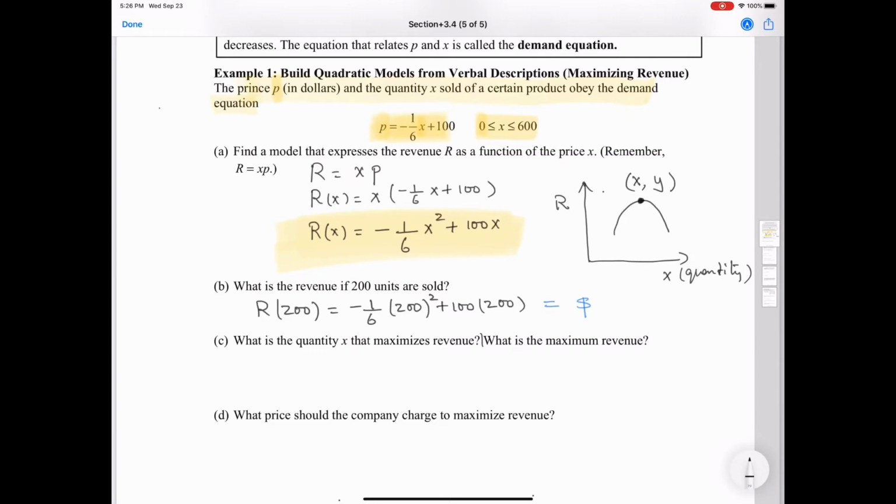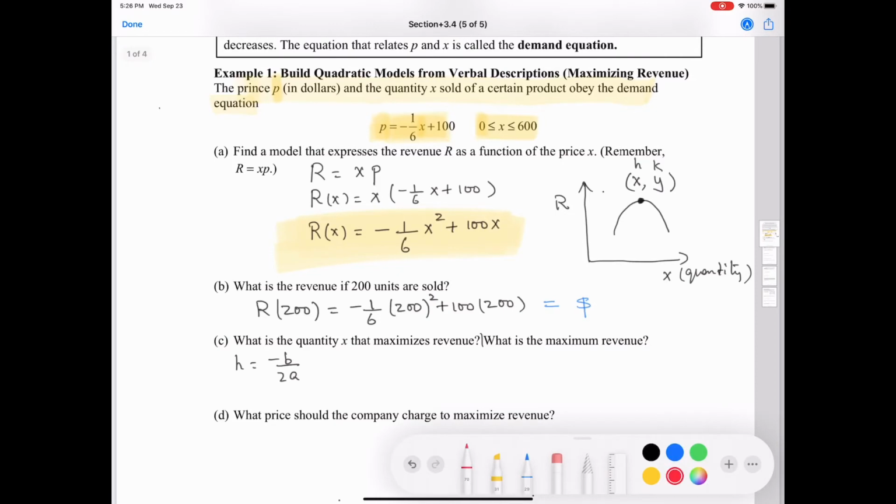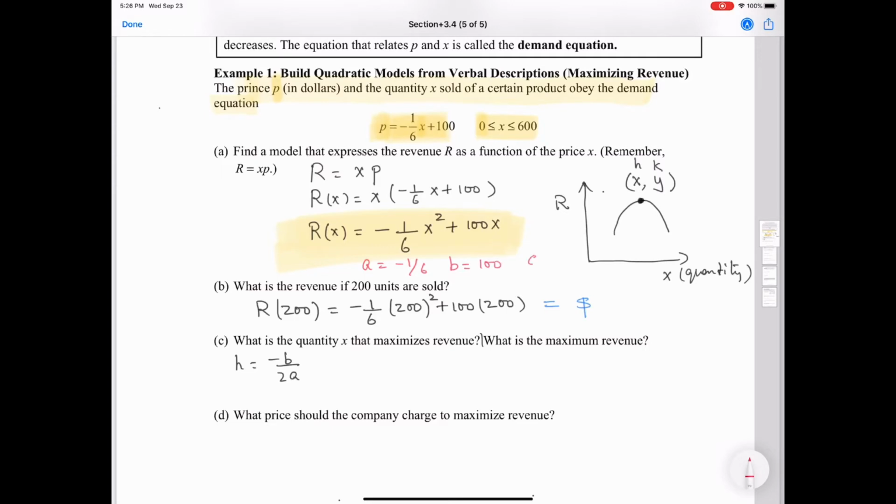In the previous section, to find the vertex we called it h and k in general. h equals negative b over 2a. In this case, my a is negative 1 over 6, b is 100, and c is 0. So negative b over 2a would be negative 100 over 2 times negative 1 over 6.